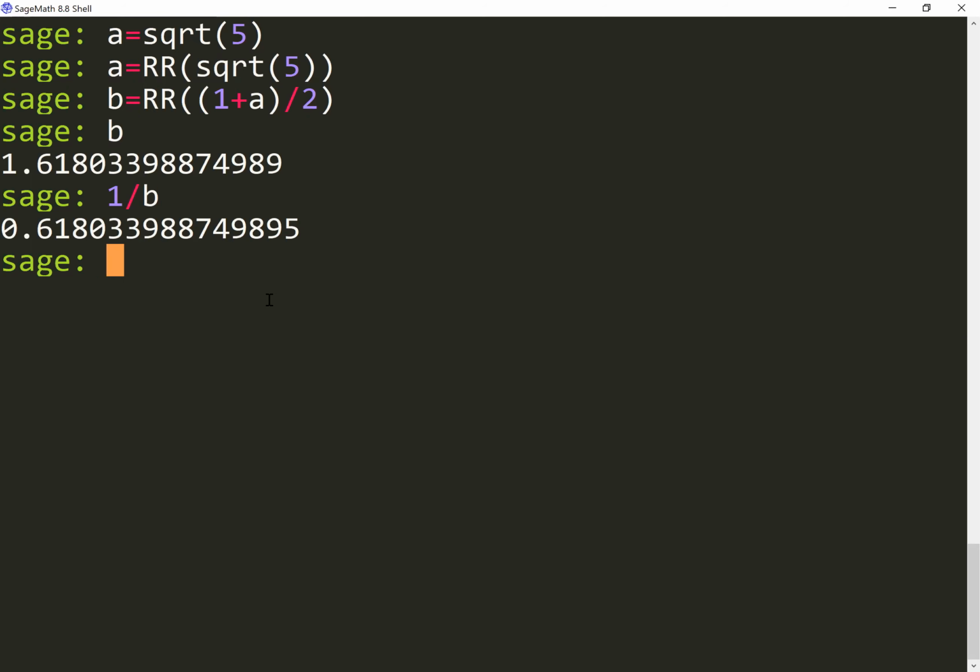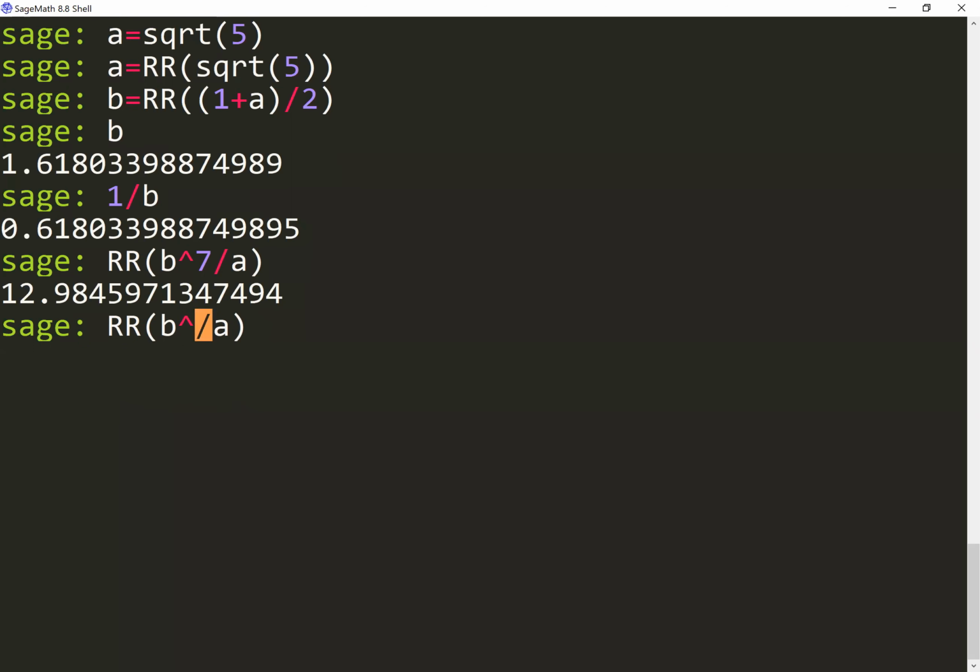So we need to find B to the power 7 over A. Let's find the decimal expansion of this. You see, this is close to 13. Now, if you do B to the power 10, you see this is close to an integer.